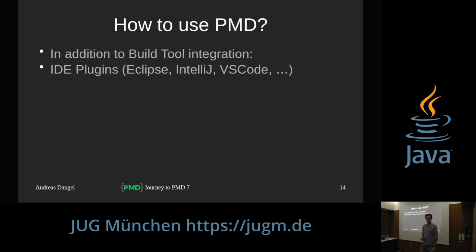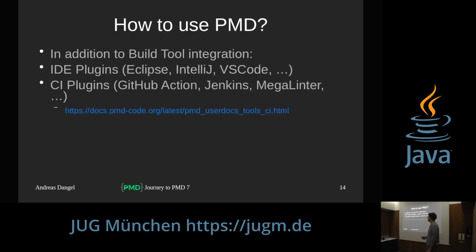And if this is not enough, you can also use some cloud services or CI plugins. If you use Jenkins, Jenkins has a plugin to visualize the PMD results, and this can also display a history across the different builds, so that you see whether you have more violations or less, whether your quality basically improves, if you will.